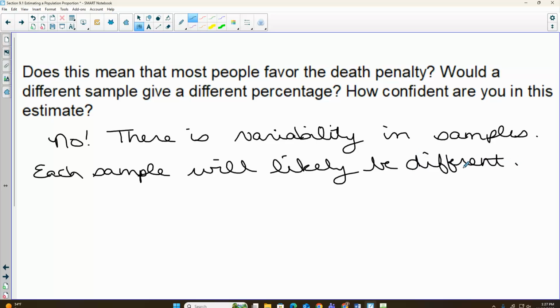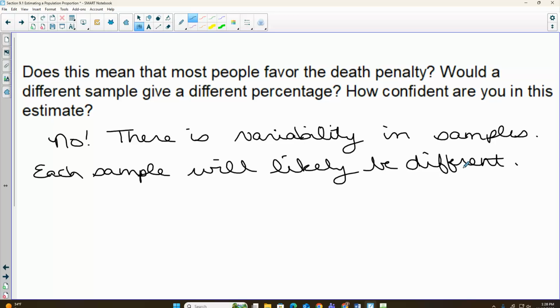So I can't just take my poll and say 62.98% of people are in favor of this. I could say 62.98% in my sample were in favor, but I can't say overall.